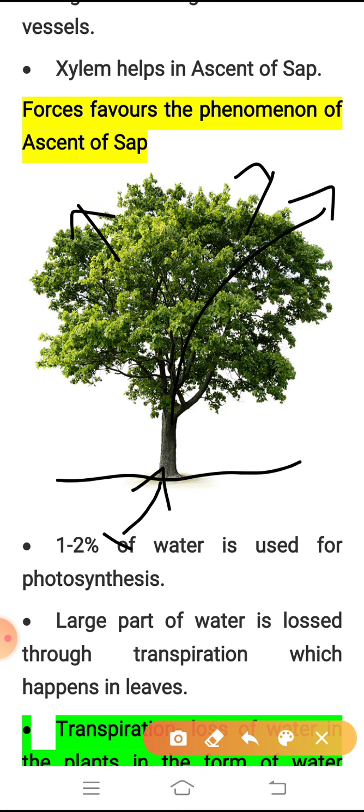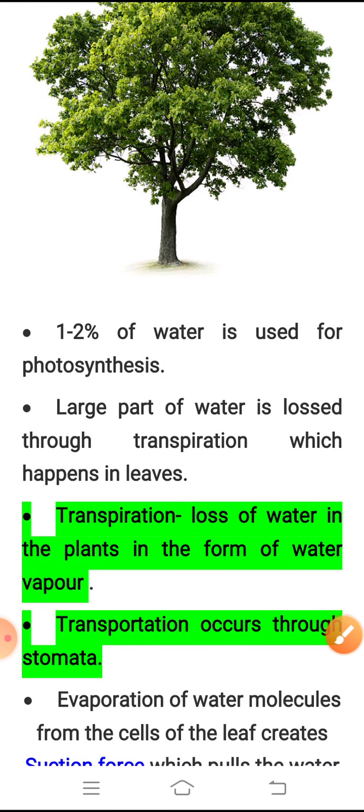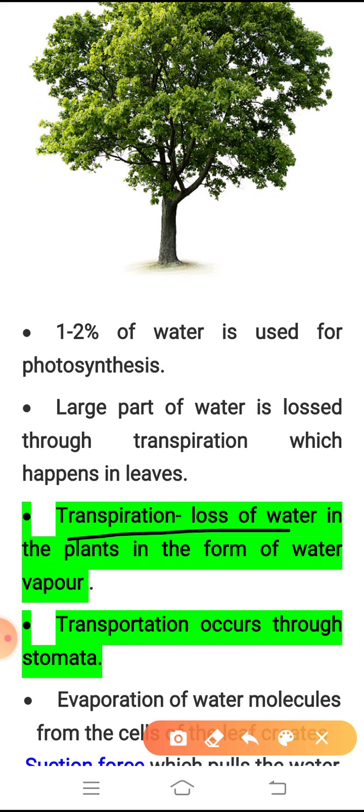And this process of loss of water is called transpiration. So transpiration is a process where the loss of water takes place in the form of water vapor. As I told you, transpiration is the loss of water in the plants in the form of water vapor.